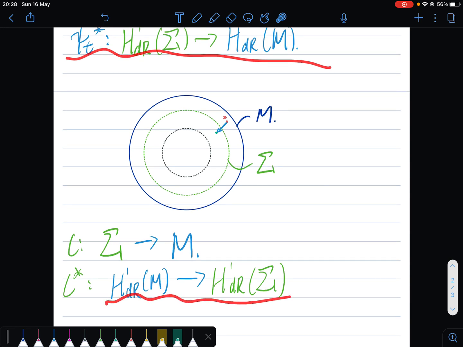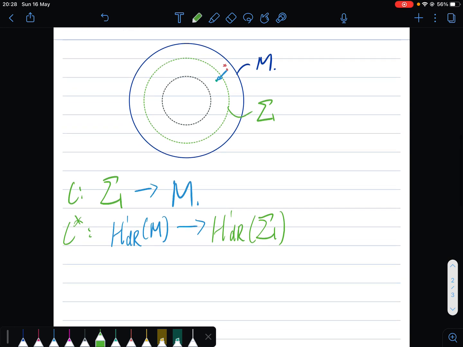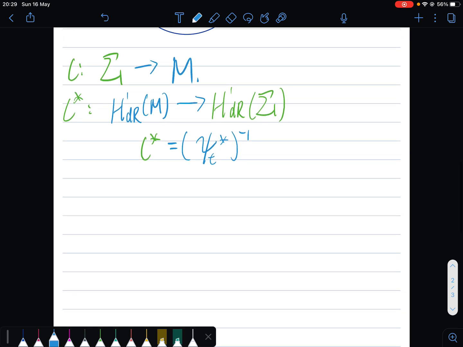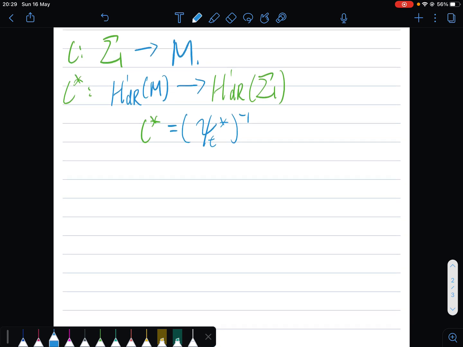We can see that those maps have opposite directions. So now we want to show the pullback of the inclusion map is the inverse of the pullback of the psi map. Then we can show they are isomorphic. So now we can start the proof.